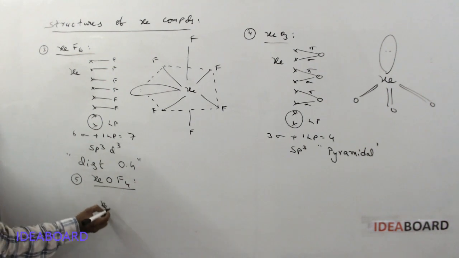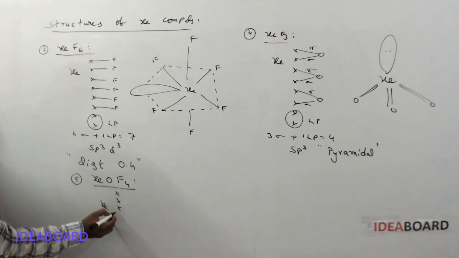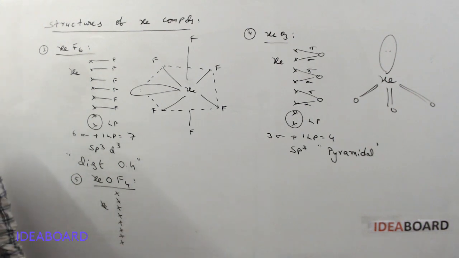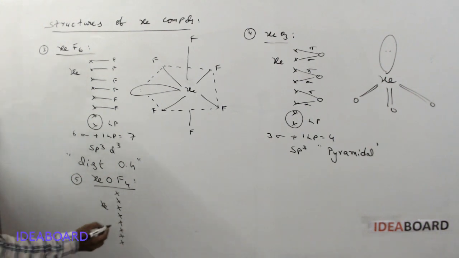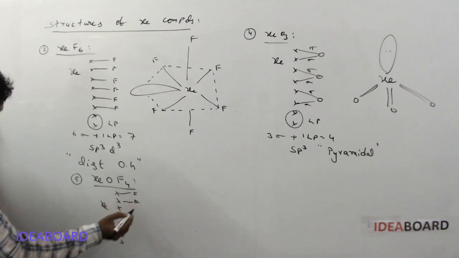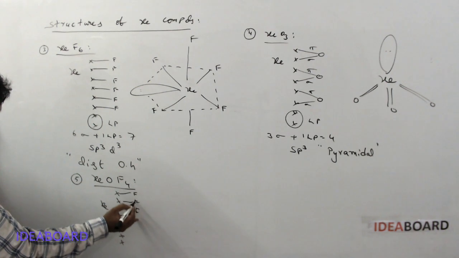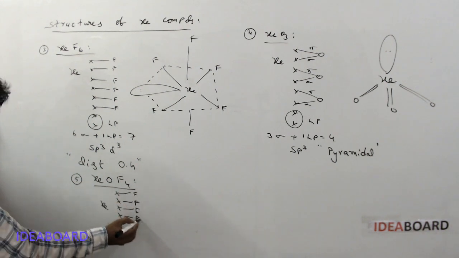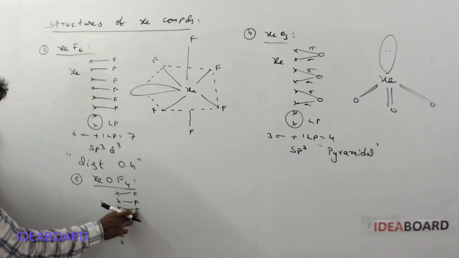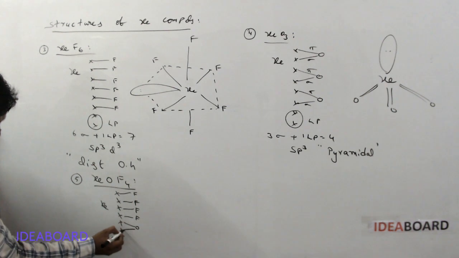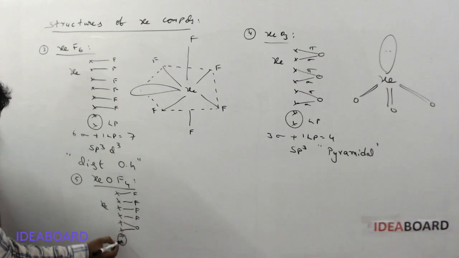XeOF4 means the same xenon, 1, 2, 3, 4, 5, 6, 7, 8, 8 electrons are present, and in this, one fluorine atom, and this is the second fluorine atom, this is the third fluorine atom, and this is the fourth fluorine atom, and this is one oxygen atom, and this is the lone pair.